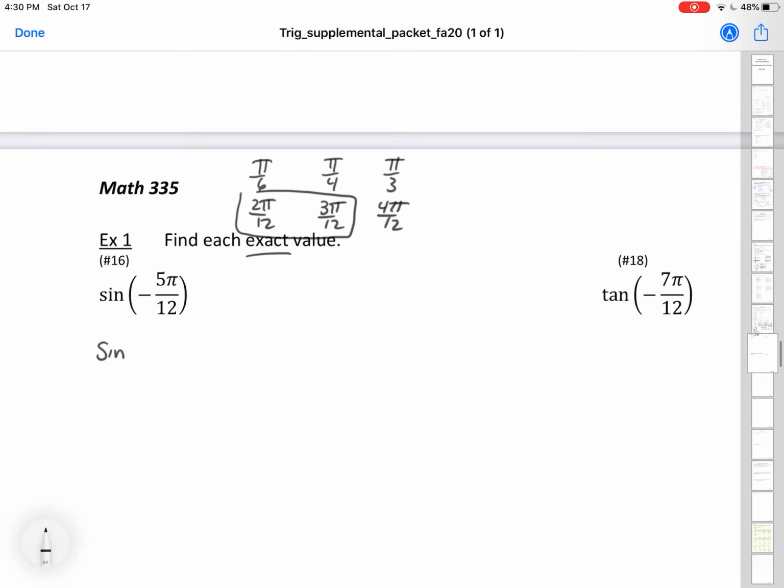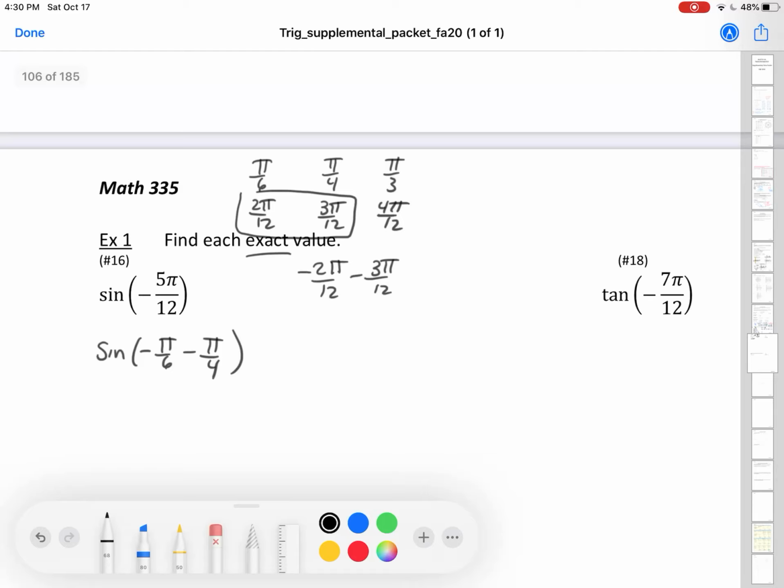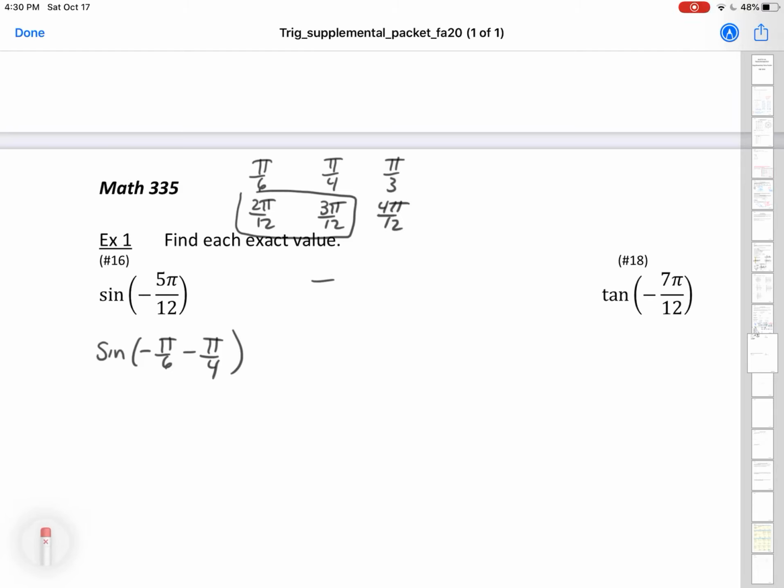This is the sine of negative pi over 6 minus pi over 4. So let's make sure that works. Minus pi over 6 would be negative 2 pi over 12. Minus pi over 4 would be negative 3 pi over 12. Absolutely, that's negative 5 pi over 12. And so we're just using our arithmetic skills from way before we even were in algebra class.